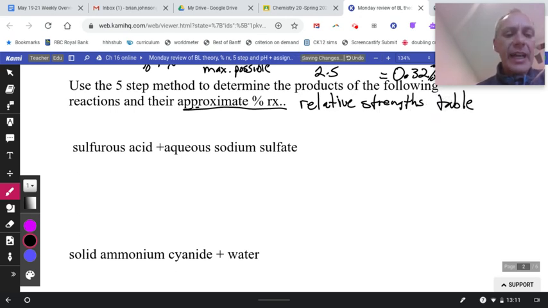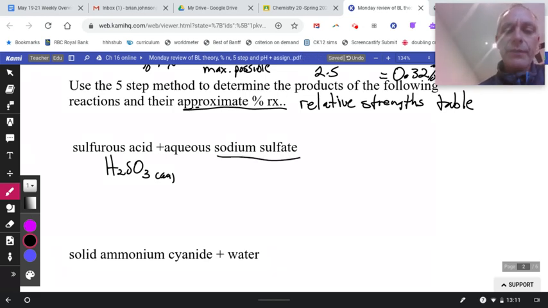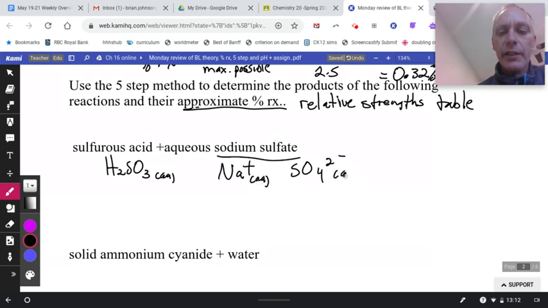Okay, sulfurous acid, H2SO3 aqueous. It's a molecule, so we'll leave it together. Sodium sulfate is an ionic compound, so we'll dissociate it into sodium and sulfate ions. And because this is aqueous, we also have water. So there's all our possible players.